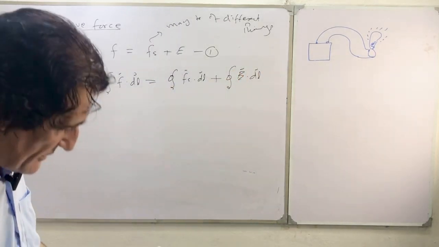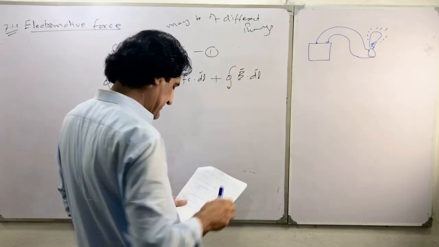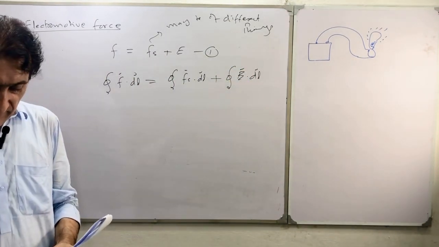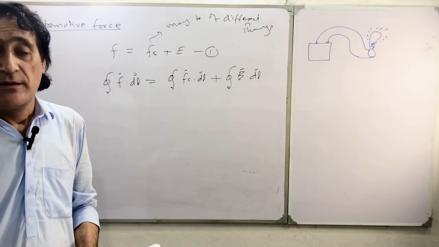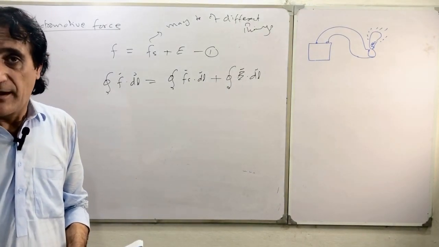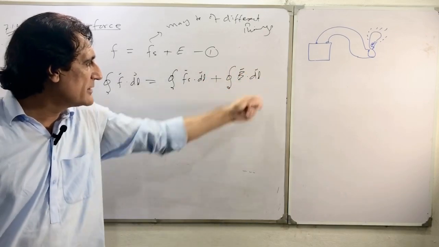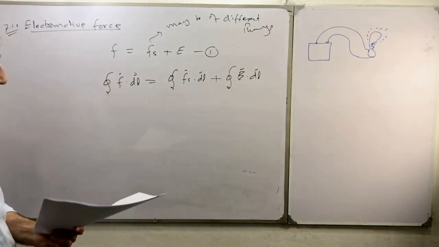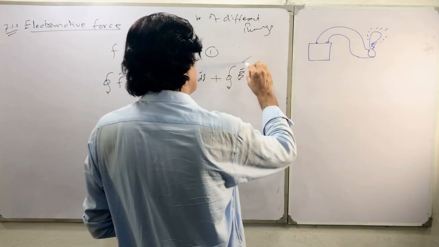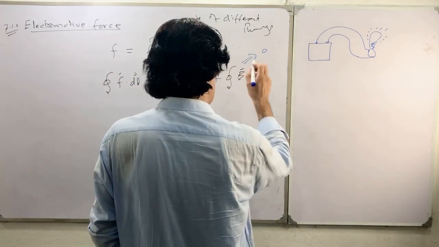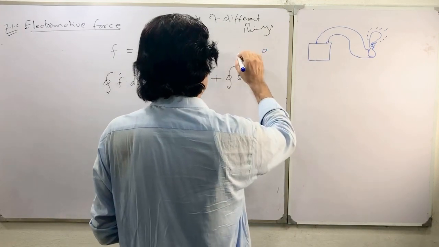The last term, for a closed loop, will be equal to 0, according to Ampere's law.